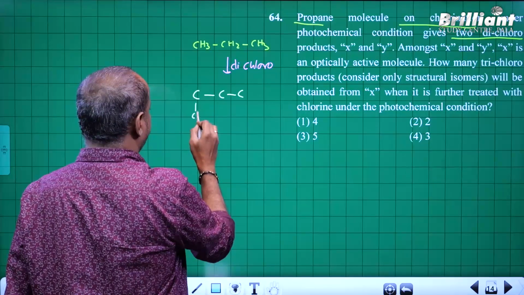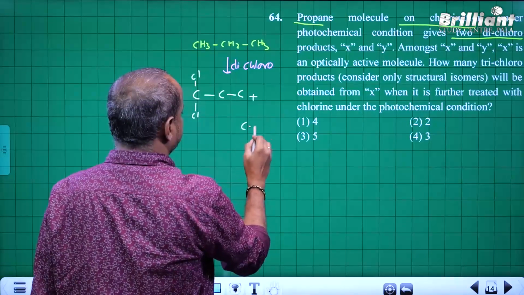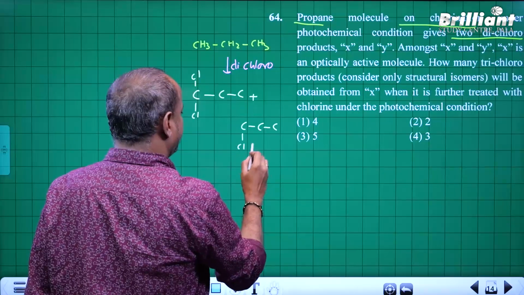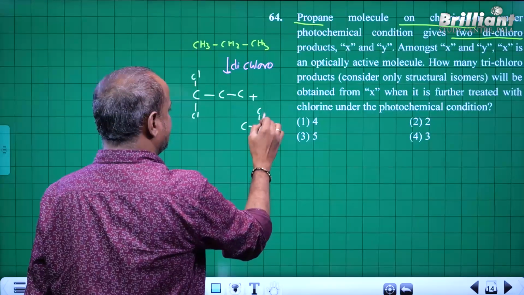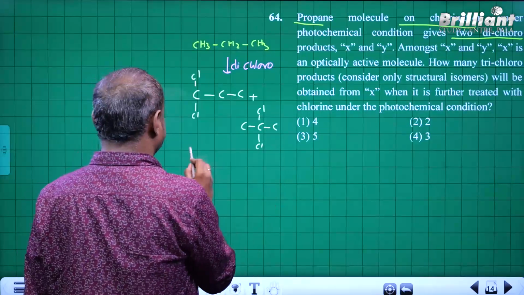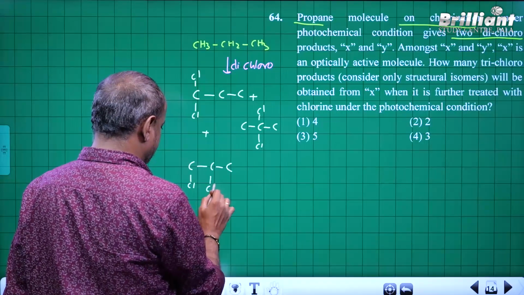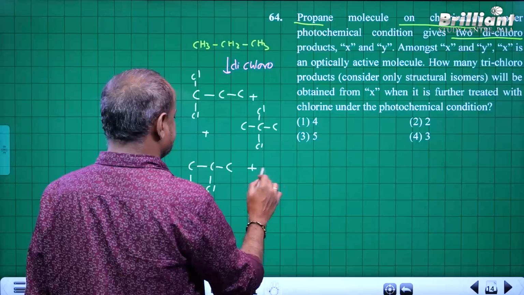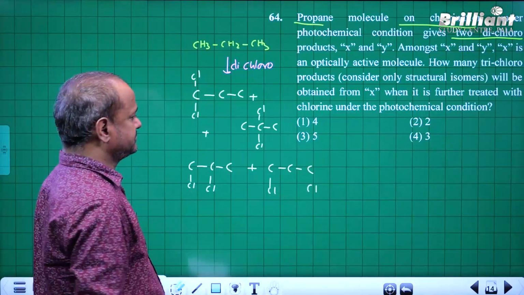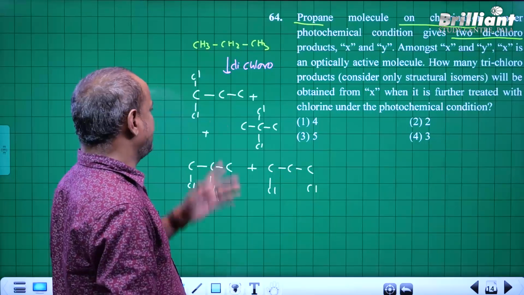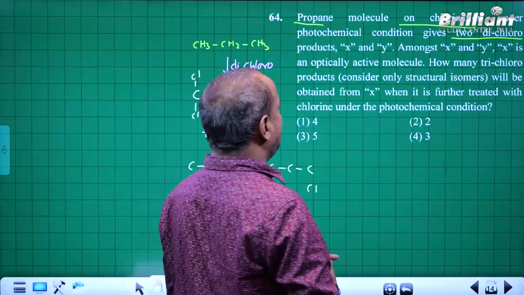Both Cl on the same carbon at the end, both Cl on the same carbon at center, plus vicinal, plus alternate. So this many products, 1 to 4 products possible, but we want the statement of 2 dichloro products.